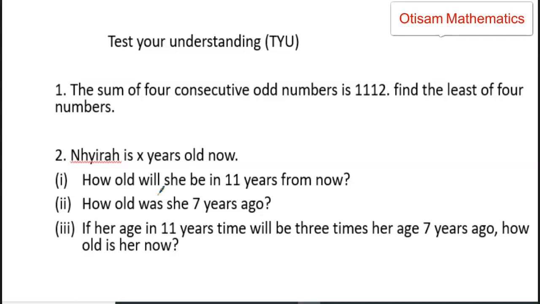Enshra is x years now. (i) How old will she be in 11 years from now? (ii) How old was she 7 years ago? (iii) If her age in 11 years' time will be 3 times her age 7 years ago, how old is she now? Go through them and I will provide some links for you to send your answers.